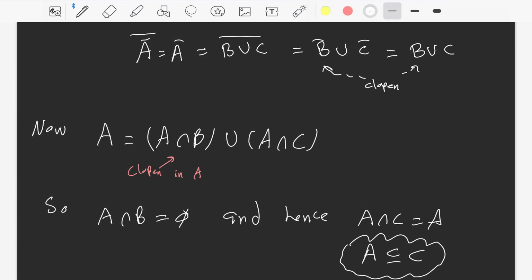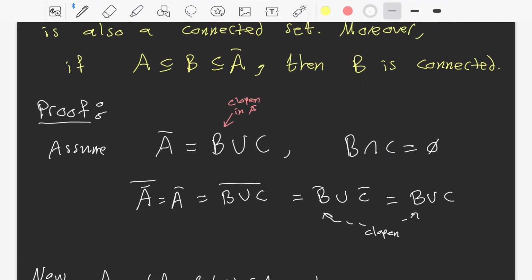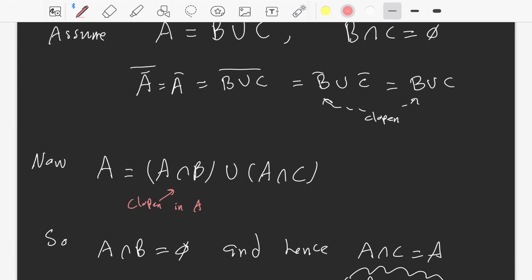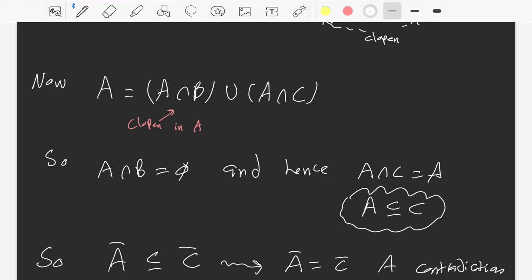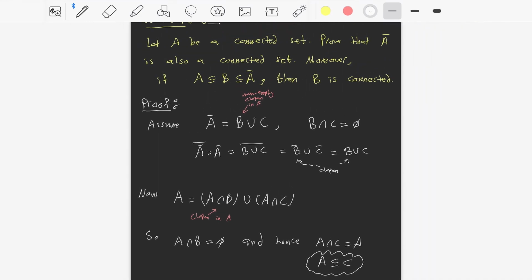This is a contradiction, because this will lead to the fact that A equals the closure of C, a contradiction to the fact that B and C are non-empty. Remember, when we separate them, these are non-empty clopen sets. That gives a proof that the closure of a connected set is also connected, and that's exactly what we wanted to prove.